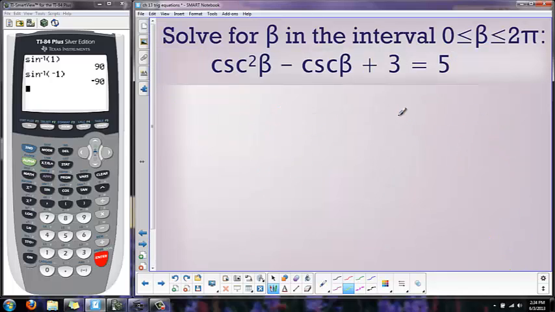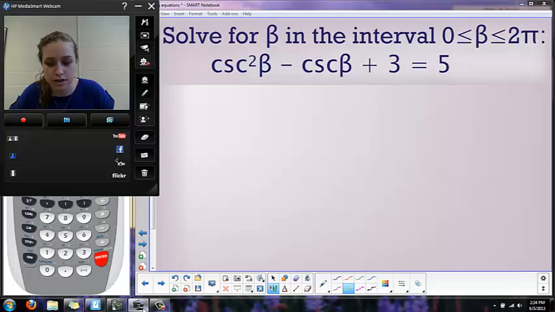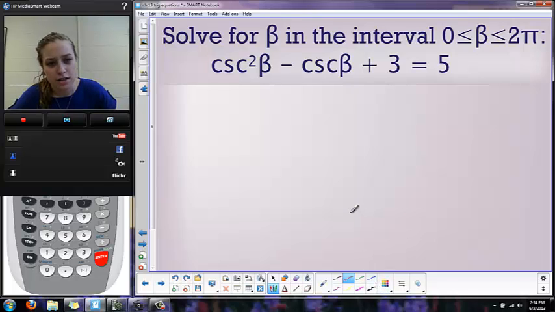Now, this equation, it's giving you things in terms of beta instead of theta. Now, they're both Greek letters. They both just stand for x, or they stand for y. It doesn't matter, but they're just throwing it in there just to confuse you. It's not very nice. But if you want, you can just replace it with an x, or you can leave it the way it is.